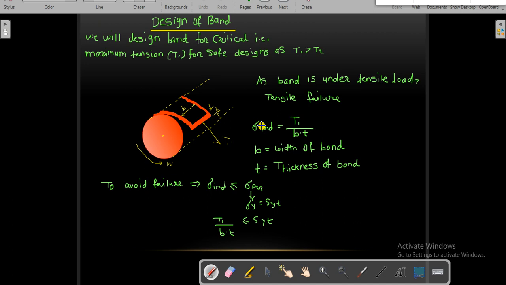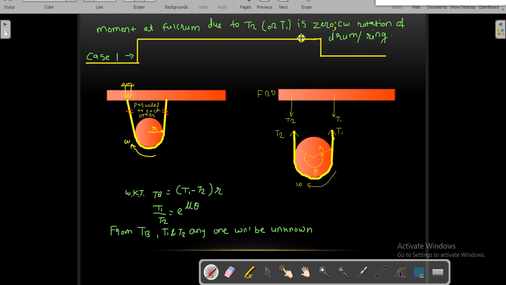This induced stress should be less than the yielding strength of the band material, or it can also be called the permissible maximum stress value. Here we have the relation for the design of the band, that is T1 by bt should be less than or equal to Syt.